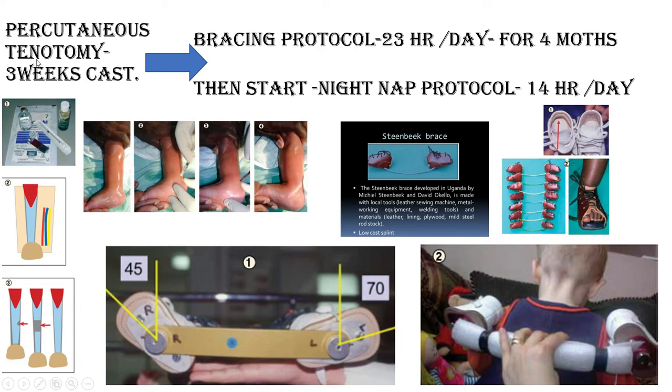And why is it tenotomy, not tenoplasty? Tenotomy means within 1 year of the child, due to the versatility of the anatomical structure around the tendo Achilles insertion, there are a huge number of new fibroblasts present.